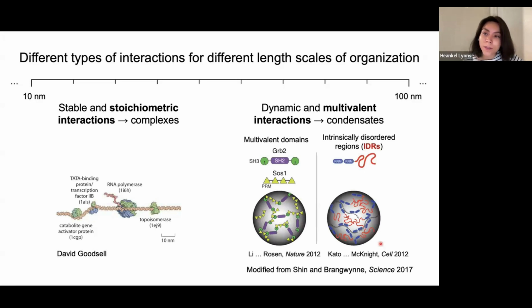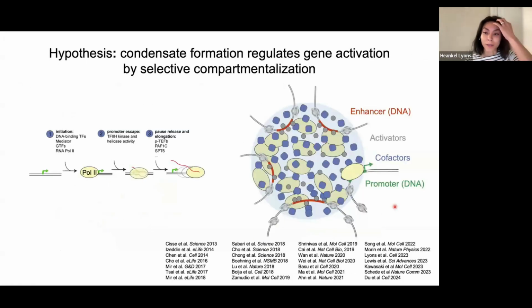And there are different sources of multivalency. Today, I'll be talking about intrinsically disordered regions, or IDRs. And these are quite relevant because many proteins in the transcription machinery are enriched with disorder. And so I'm sure all of you have seen the explosion of papers that connect the phenomenology of condensates and transcription. And it's been quite exciting to see this field grow.